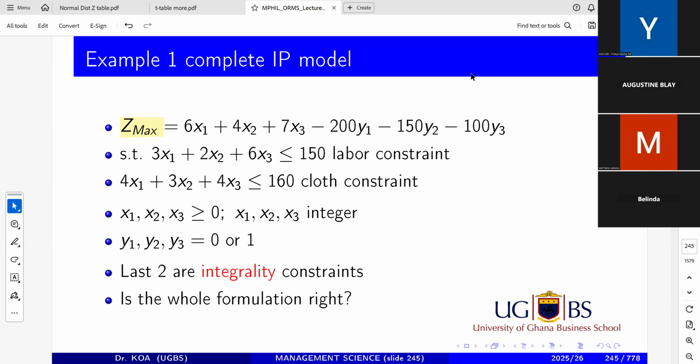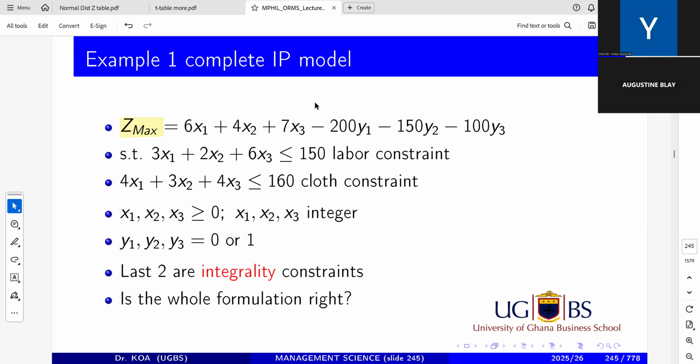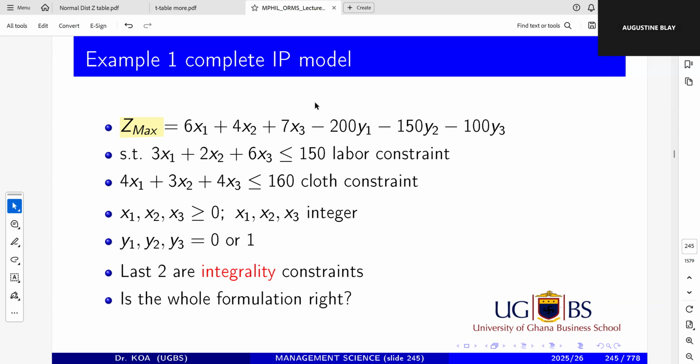Okay. So here's the thing. Anytime you are formulating a linear programming situation or any formulation, whatever you are trying to find, whether it is X or it is Y, they are both in the objective function and the constraint. Why?